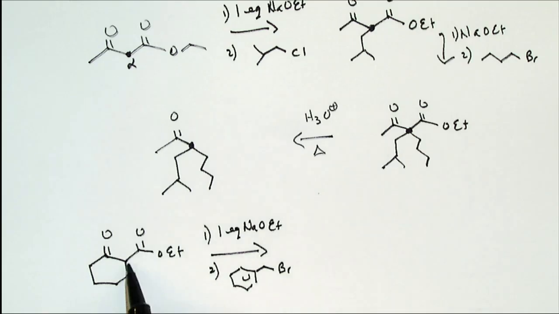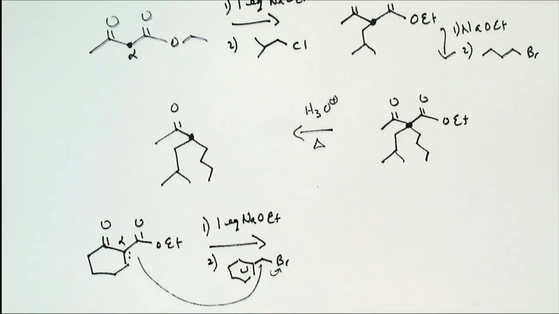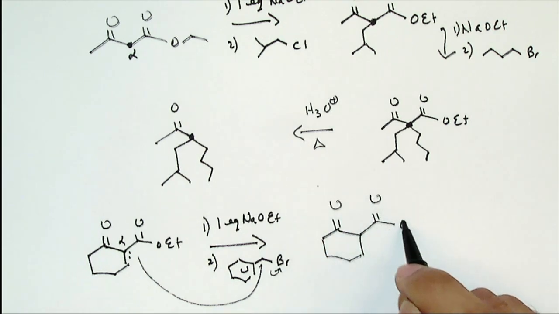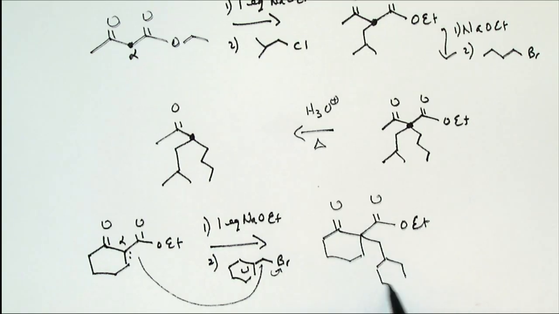Here is the alpha position in between the 2 carbonyls that's going to be deprotonated. Once you deprotonate here, that attacks here and kicks that out, so the product is this, where I've added my benzyl group.